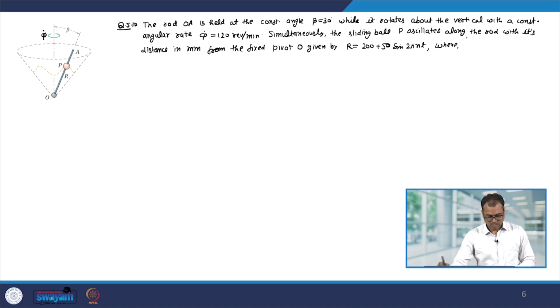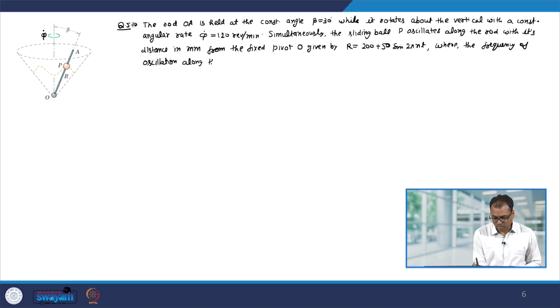where the frequency of oscillation along the rod is constant and it is equal to 2 cycle per second.